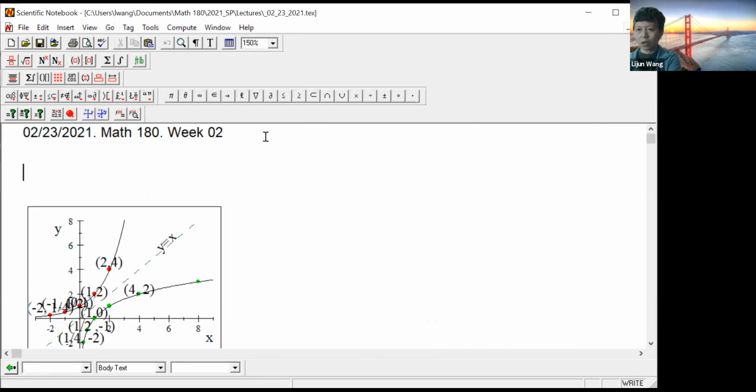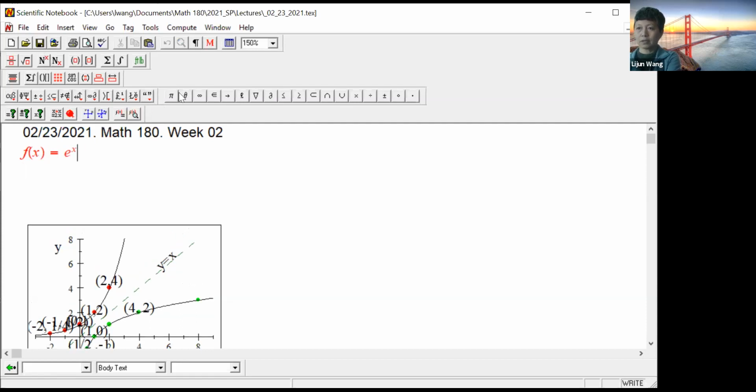Okay, so let's go back to the top. The function, which is e to the power x. And the other function is ln x. Okay, so I'm going to call it G.